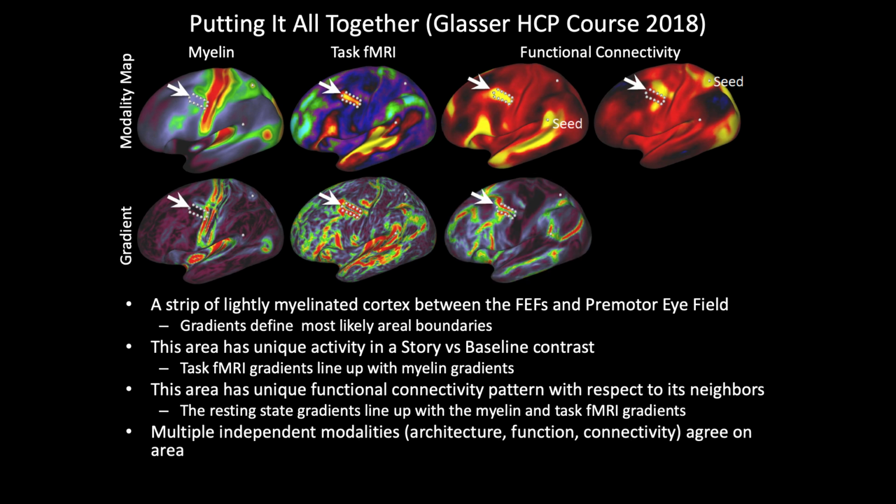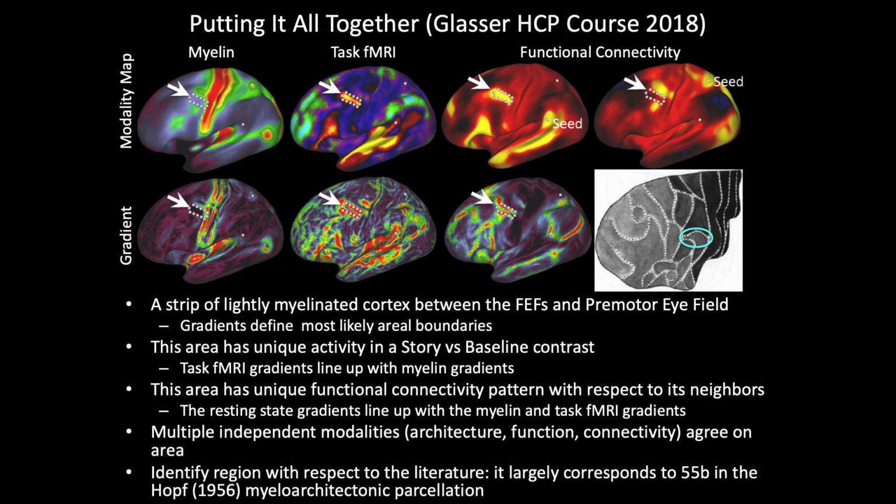Okay. And so now we've got all these different modalities that are agreeing to identify this region of interest. And this area is identified as area 55b in the HCP parcellation.